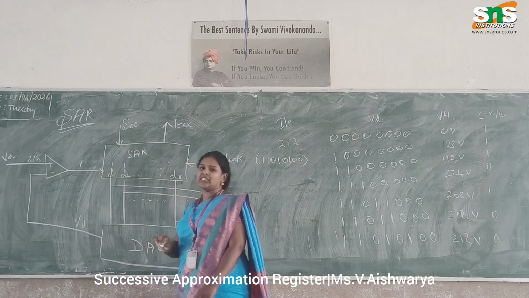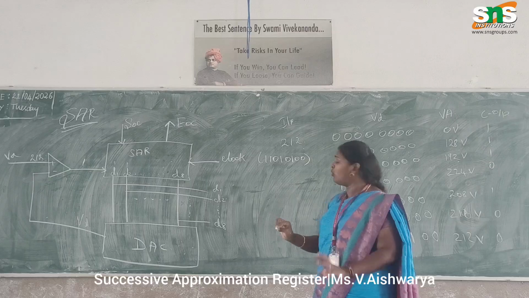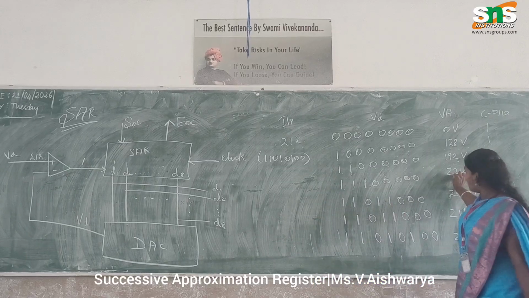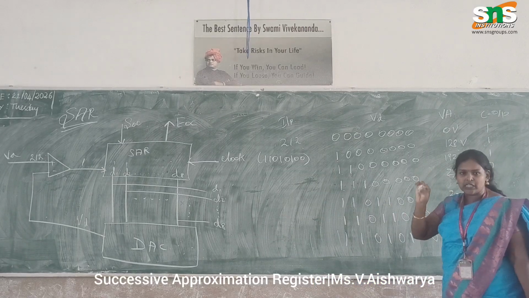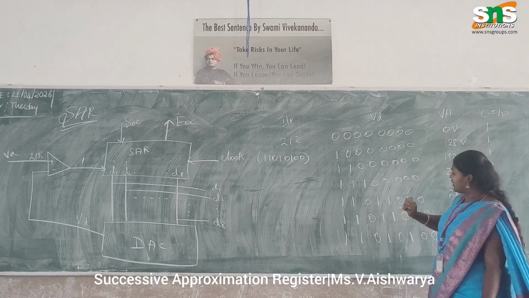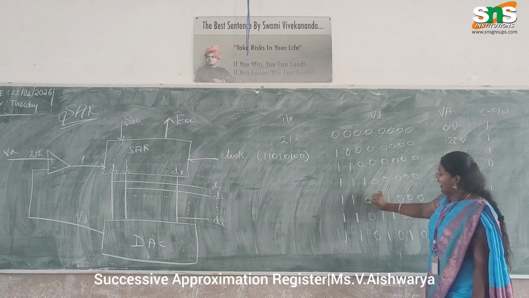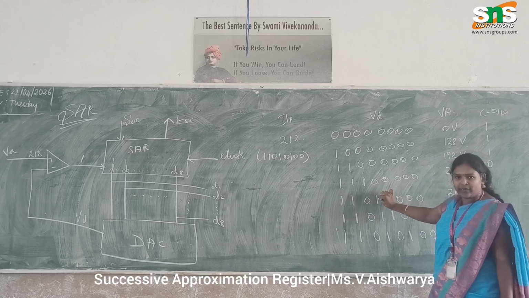In this condition 212 is lesser than 224, so the comparator output is 0. We have to change the third bit value to 0 and enable the fourth bit as 1.